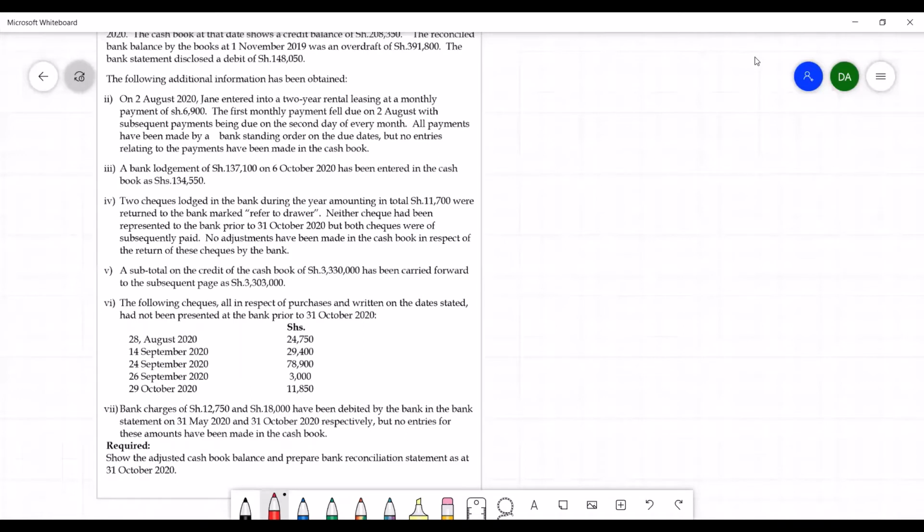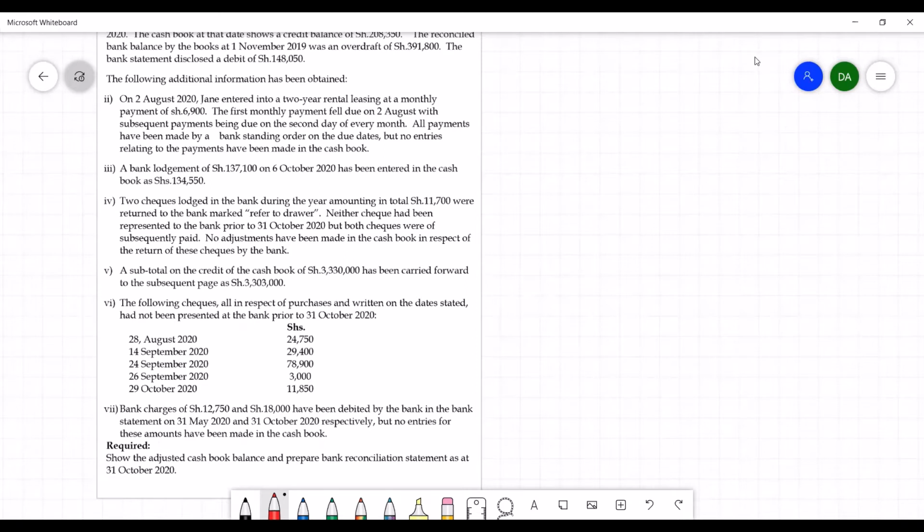A bank lodgement of 137,100 on 6th October 2020 had been entered in the cash book as 134,550. Two checks lodged into the bank during the year, amounting to 11,700, were returned to the bank marked "refer to the drawer."